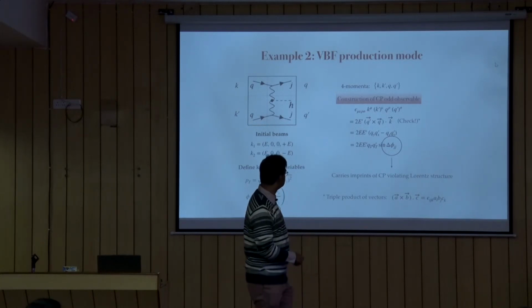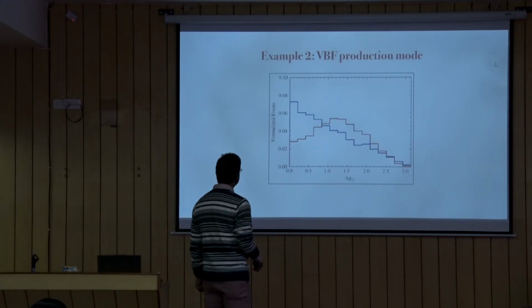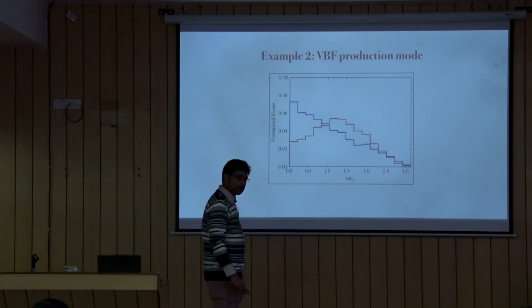Can we understand the delta phi distribution? In a pp collider, the jets are very important, right? They are back to back. So in the standard model, delta phi is around 0.